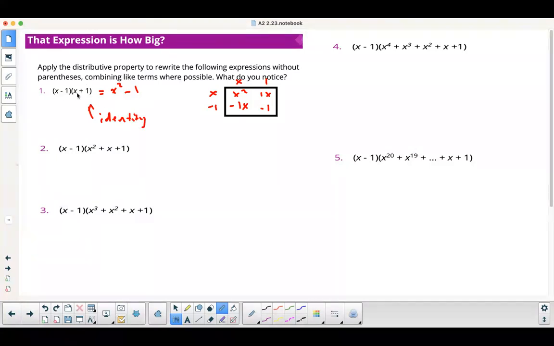No matter what I plug in for x here and what I plug in for x here, as long as I plug in the same number for x, I will get the left side equal to the right. Okay? Let's go down to the next one. Let's multiply this out.